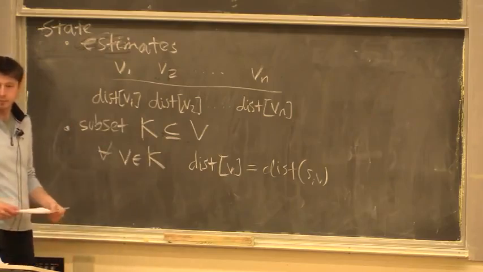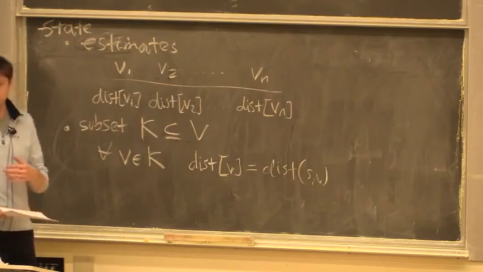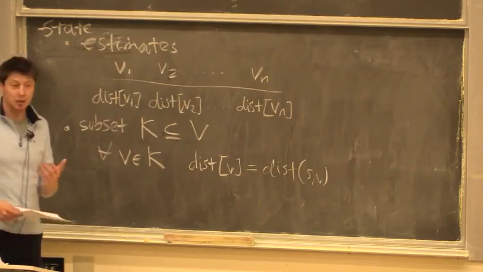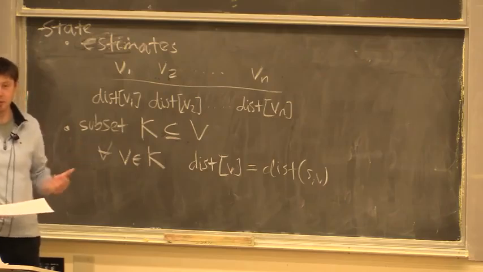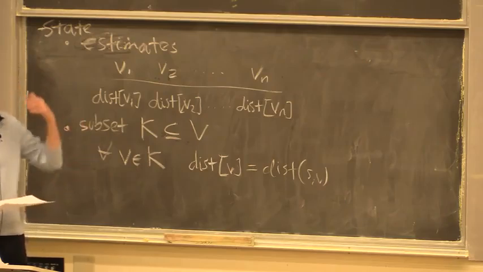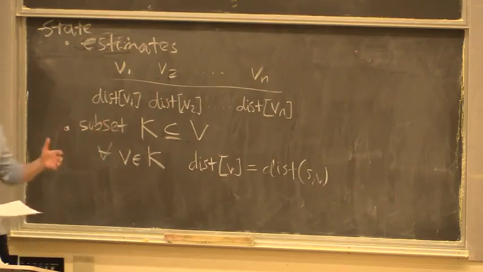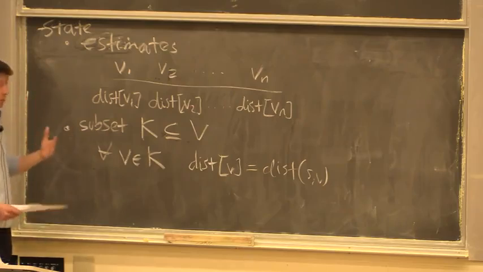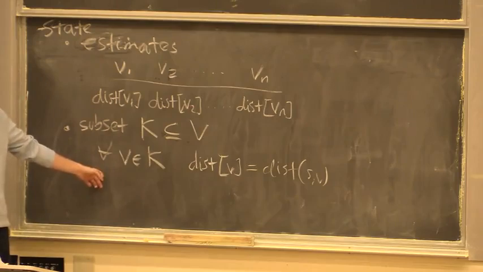Yes. The question is, why do we need K? Well, the algorithm will need it because it wants it, and we'll get to it in a moment. I'm just telling you before we get to the algorithm, because if I just write the algorithm, it's going to be too much, okay? I'm trying to describe how the algorithm will reason. It will reason as follows. It has estimates, and out of these estimates, it knows which are correct, okay?